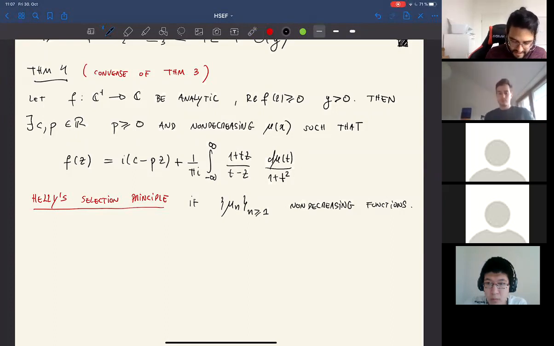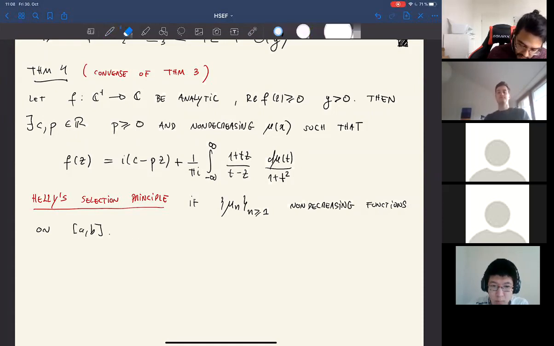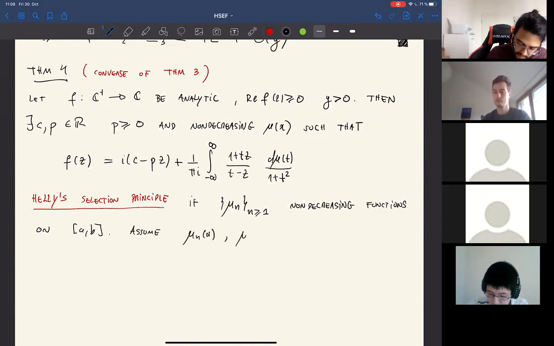But this is the simplest version of it. So suppose you have a sequence of non-decreasing functions on an interval, let's say AB. And let's assume that mu n of A and mu n of B are bounded sequences.